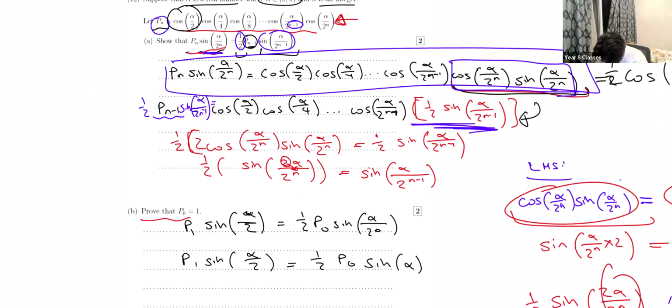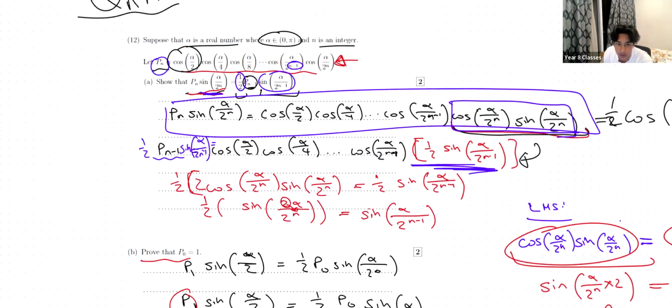Okay. What I can say, I know I can find P1 from what they've given me. So I know from the expression they gave in the question that P1 can equal cos alpha on 2.